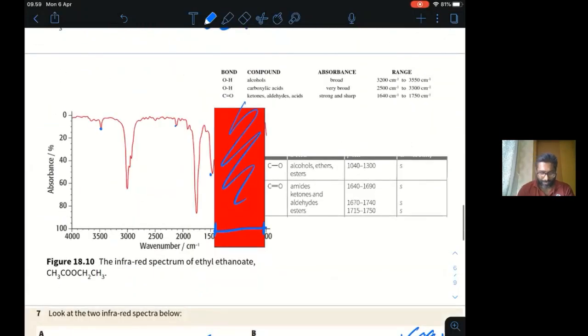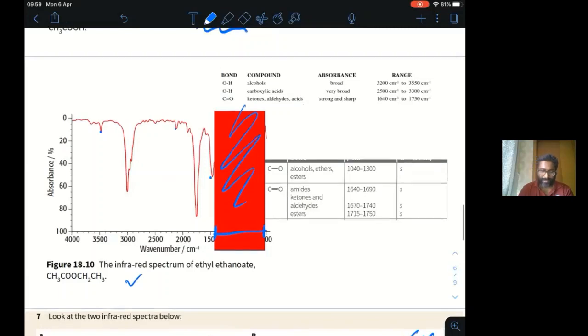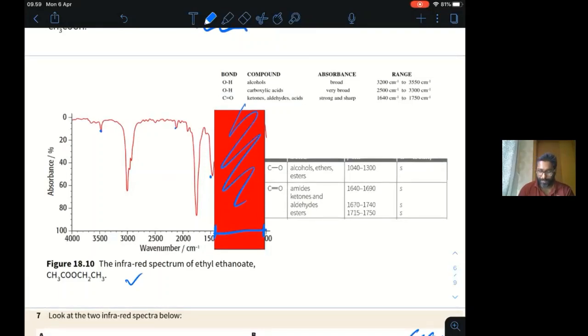Now for ester, this one is ester. You see there is no broad spectrum. What you see is something like this and this. Where do we actually see this one? You look at the notes, it's 1,000 to 1,300, somewhere here, this part.